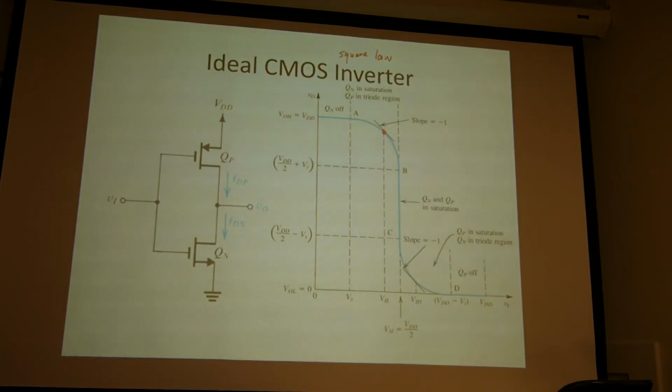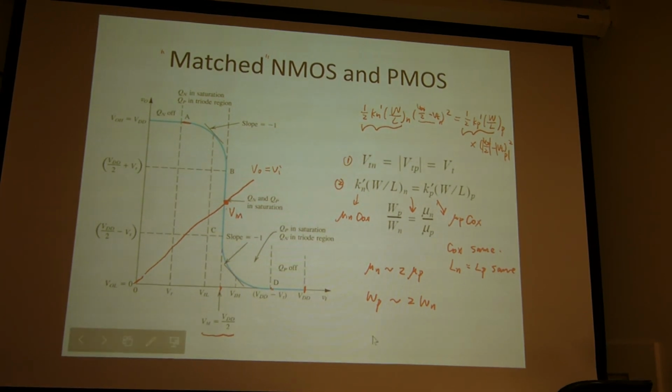So why do you want to have this matched case? Why do you care about this matched case? Any idea? Because you want everything to be symmetric, right? So for example, your noise margin for the low level and noise margin for the high level, you want them to have the same noise margin against noise at the low level or at the high level.